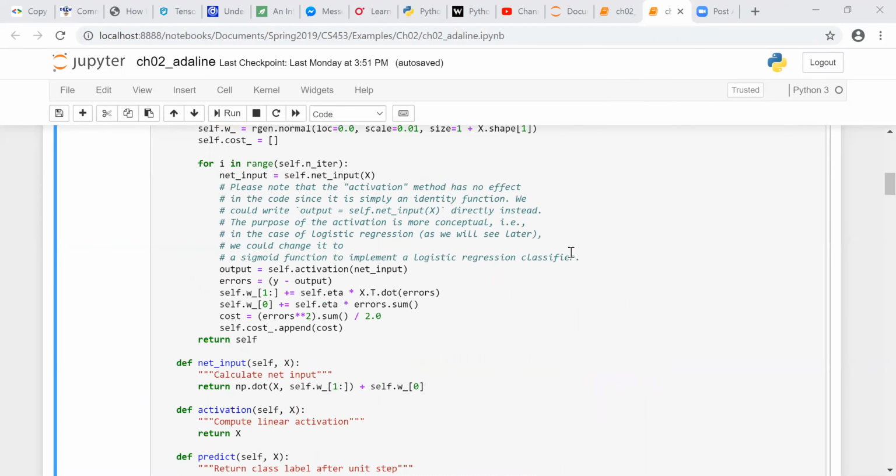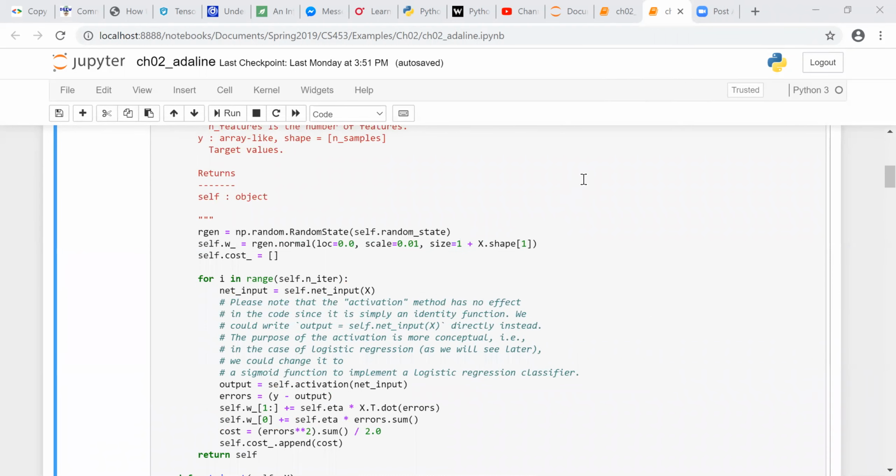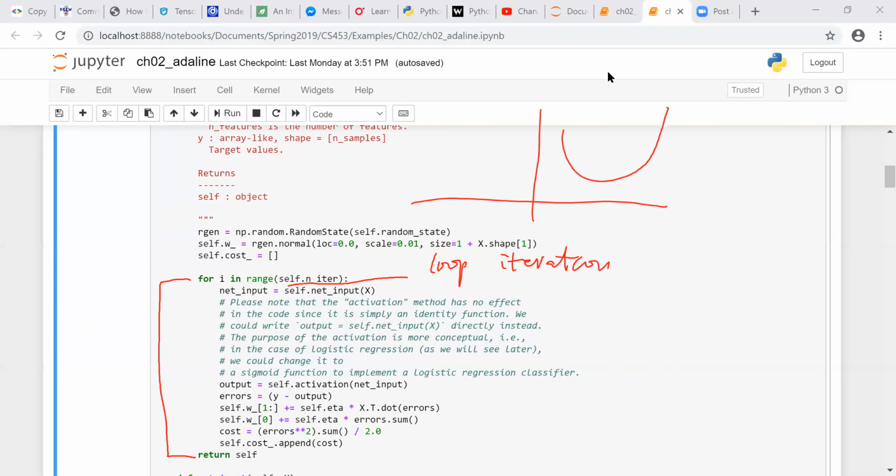Let's scroll and see how this time it works. If you take a close look and compare with the previous one, we have an outer loop for iteration.